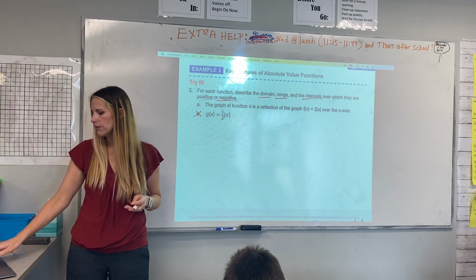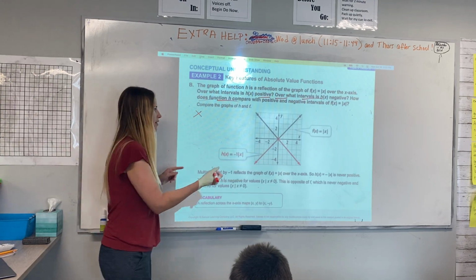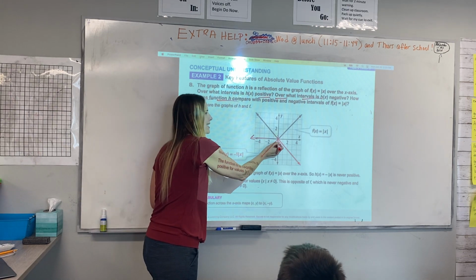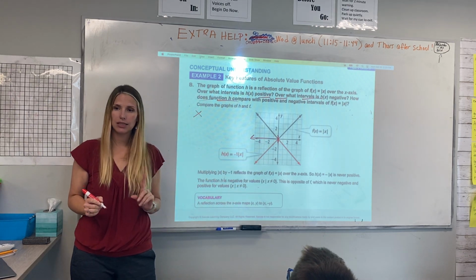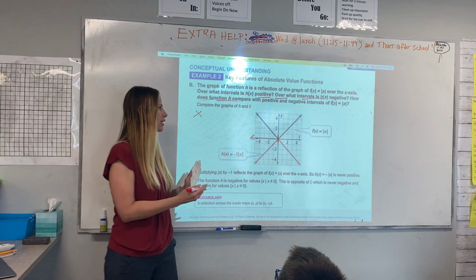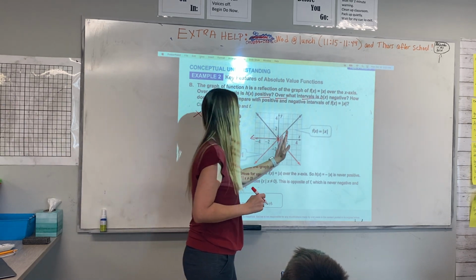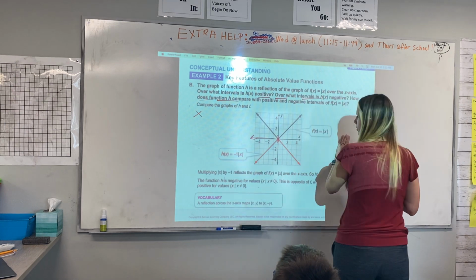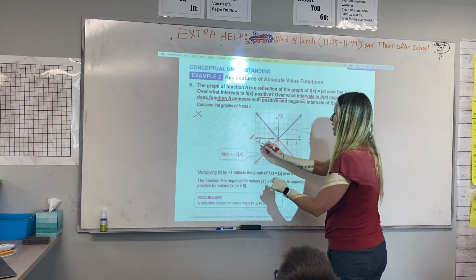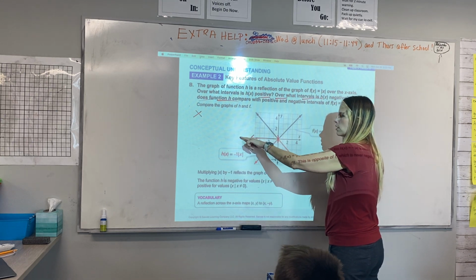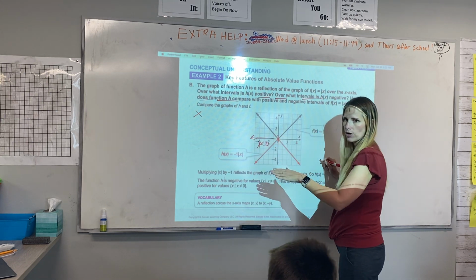On the previous example, remember I said that on your homework it would be two separate continuous intervals. This interval is from here down, and this interval is from here up. This interval is x less than 0, because it's all of the numbers on the x-axis that are less than 0.